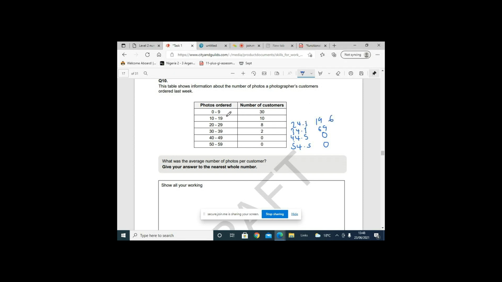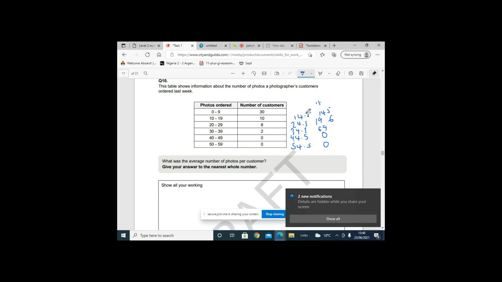Then this one is 15 times 14.5, that's 145. And this one is 135.